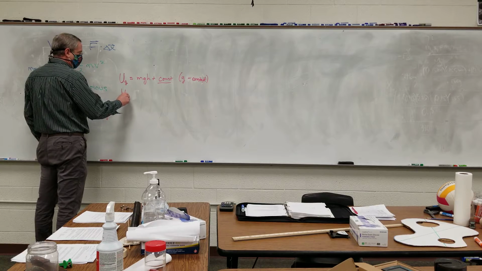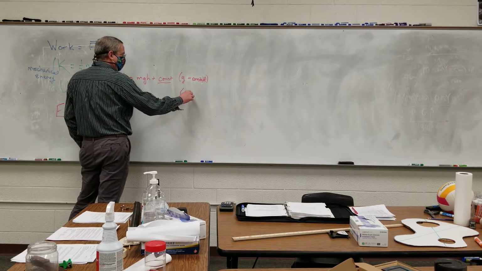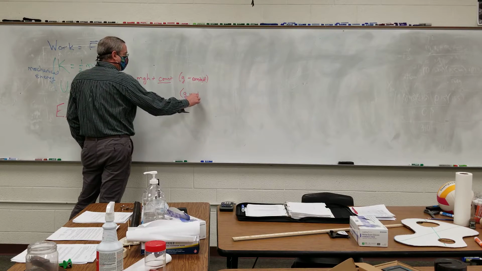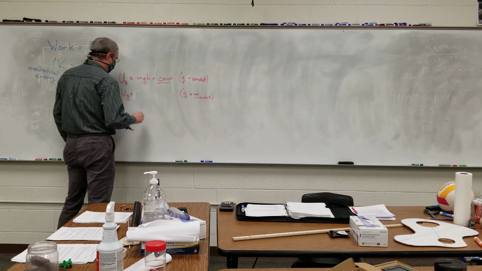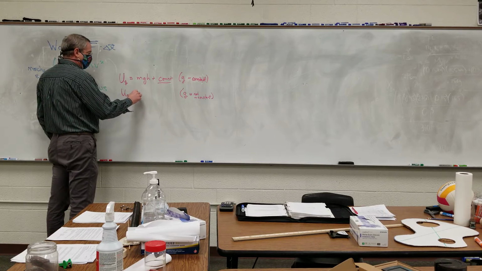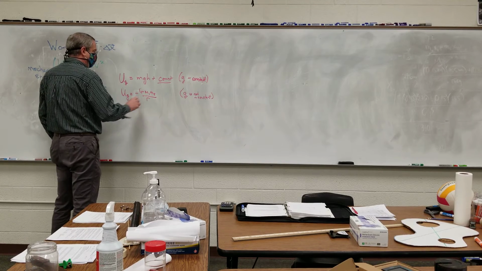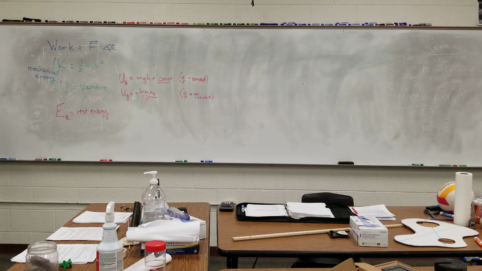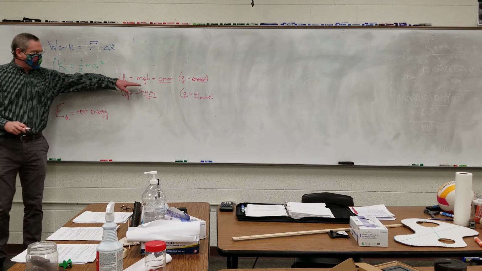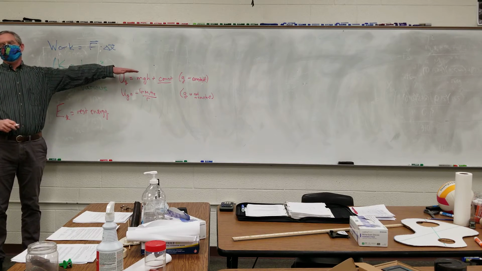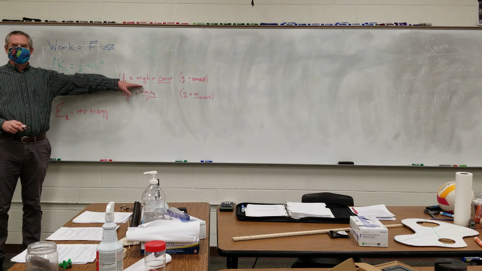And if g is not approximately constant, then the formula is negative big G mass 1 mass 2 over R. So the first one, if you're dealing with things that are near the surface of a planet or a moon, is the one you'll be using.